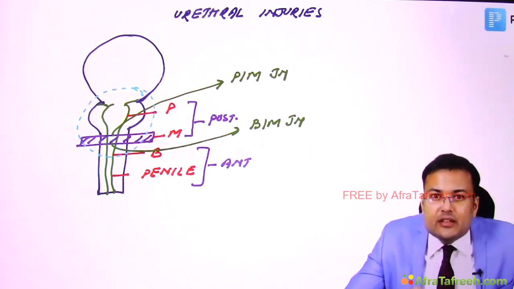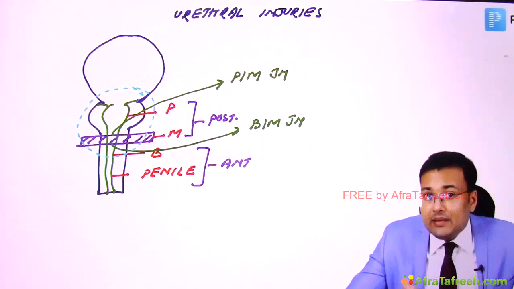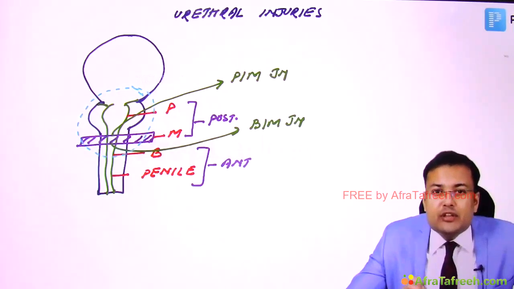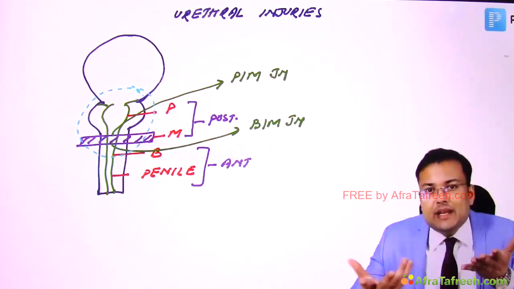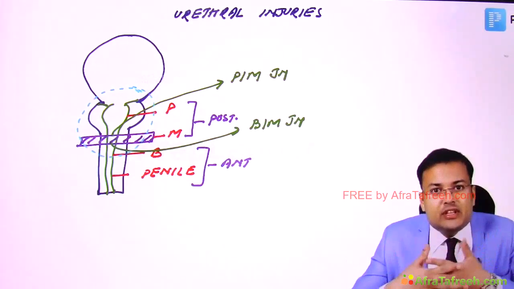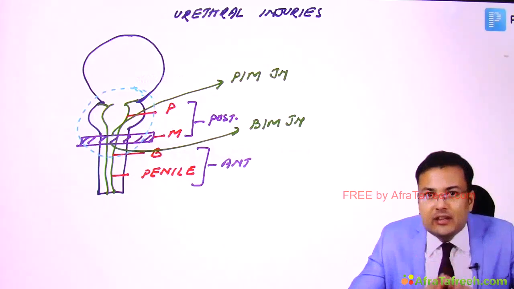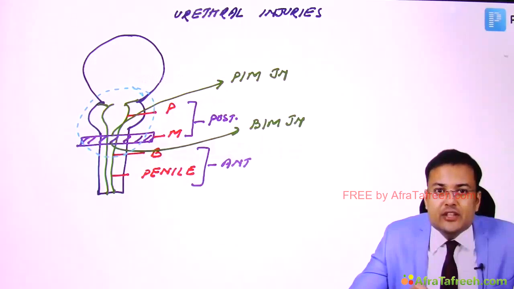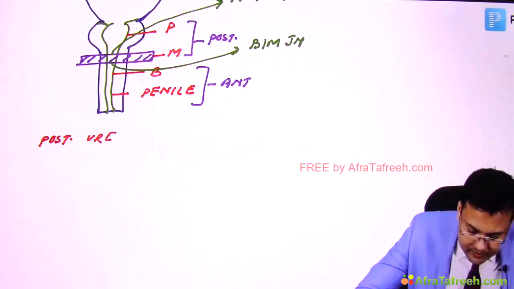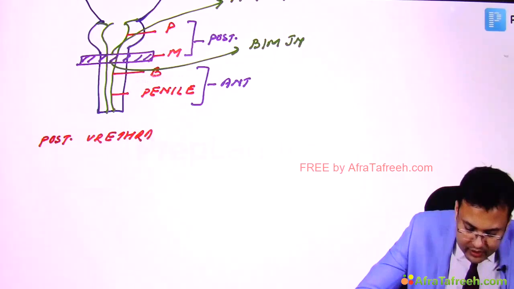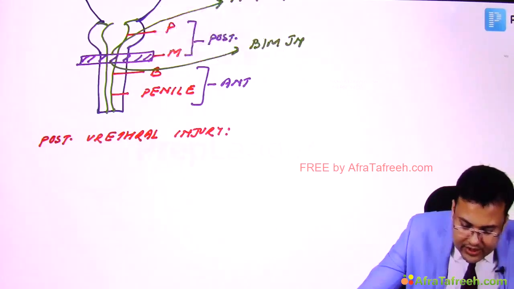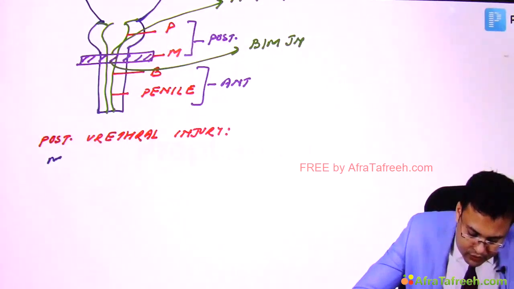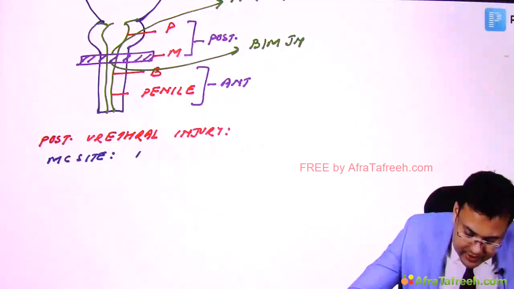Pelvic fracture leads to extraperitoneal bladder rupture and posterior urethral injury, and that's why extraperitoneal bladder rupture and posterior urethral injuries are associated. Clear? So we are going to discuss in detail posterior urethral injury. Okay. First question, what is the most common site? It is the membranous urethra.